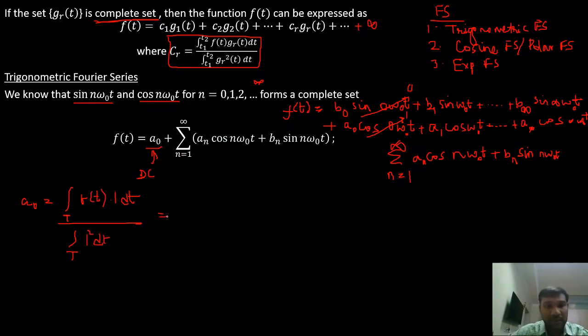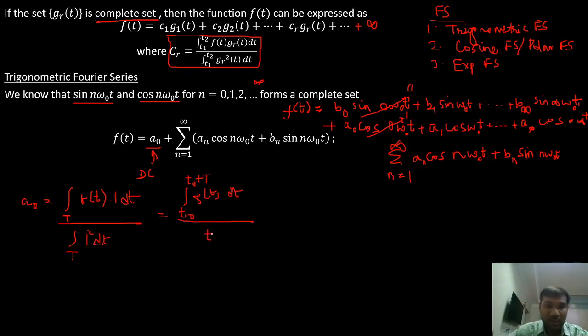If I simplify this, let me consider my time period is from t naught to t naught plus T. Or I can also say from 0 to T. I can also say minus T by 2 to plus T by 2. So my final interval must be equal to one time period of the signal. f of t dt divided by, what do I have here?